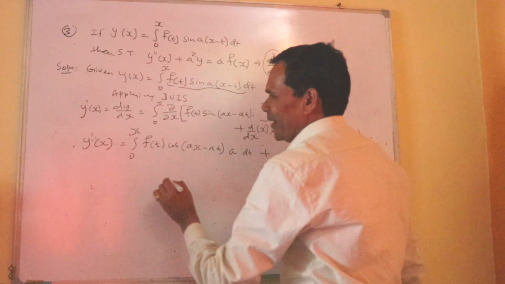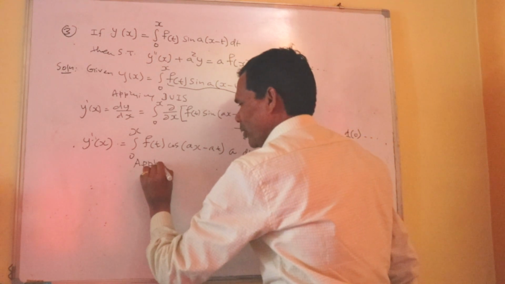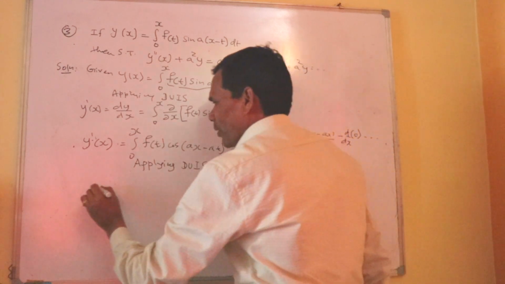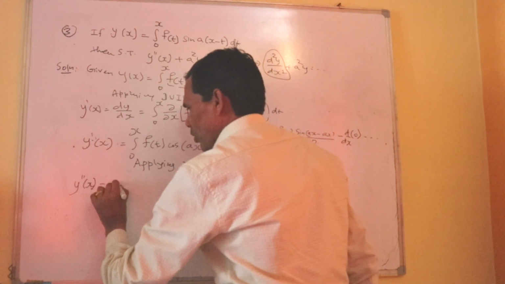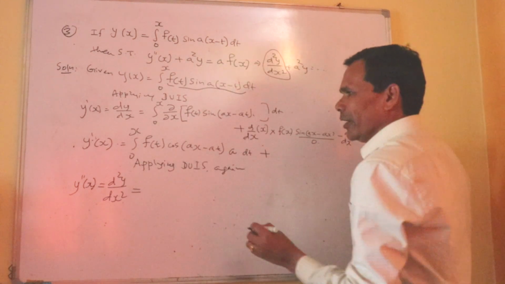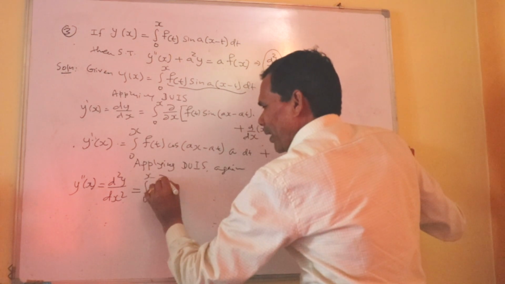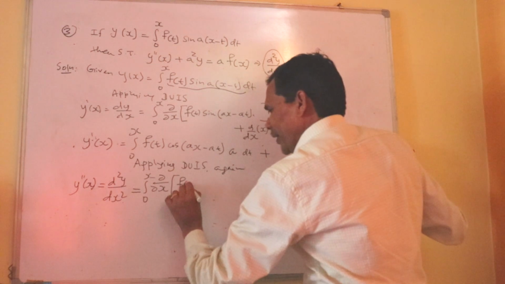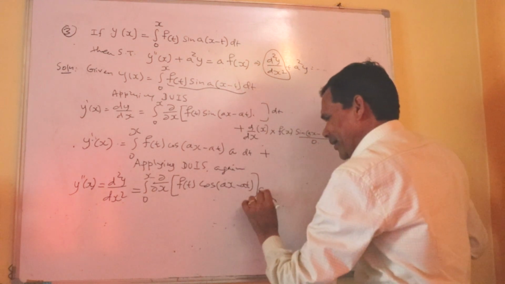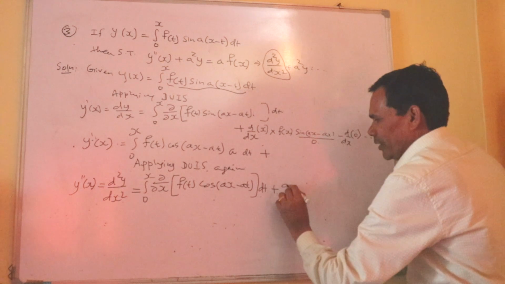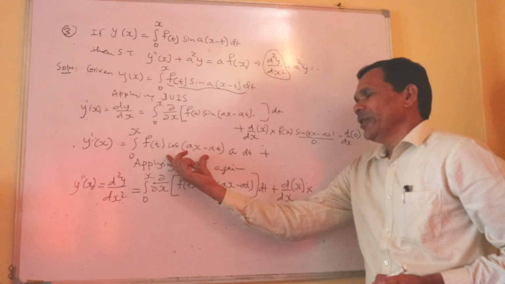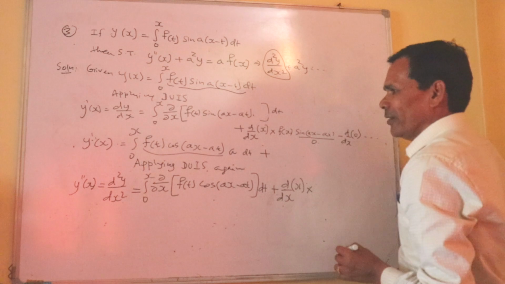Applying DUIS again, y double dash x, which is d2y by dx square, is equal to the integral from 0 to x of the partial derivative with respect to x of f(t) cos of a(x minus t) dt, plus d by dx of the upper limit x multiplied by the integrand.